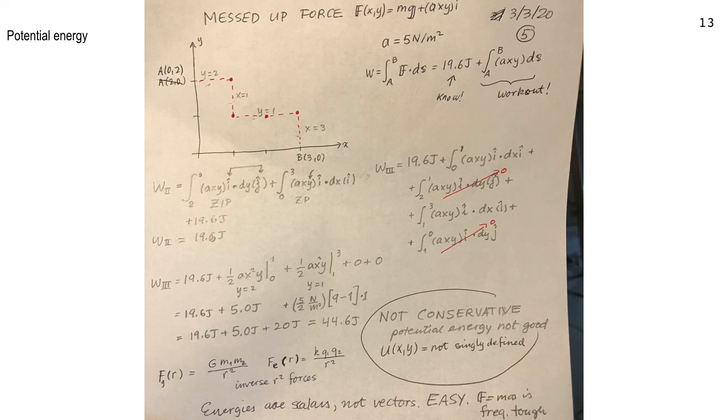Okay, so W3 is equal to 19.6 joules plus 1/2 a x squared y between 0 and 2 plus 1/2 a x y, x squared y between 1 and, wait a minute.